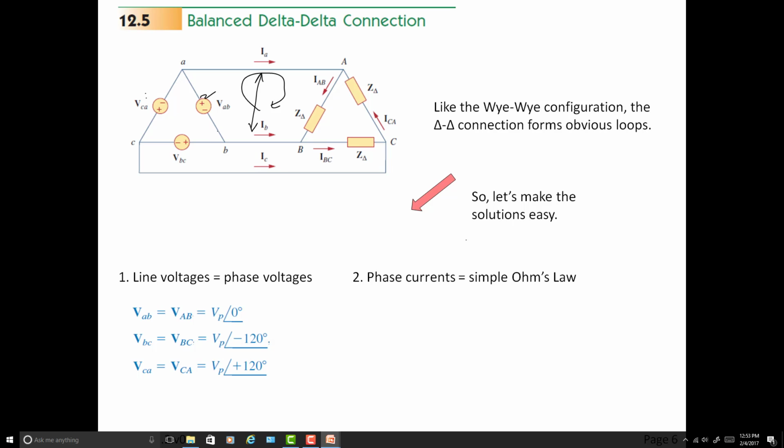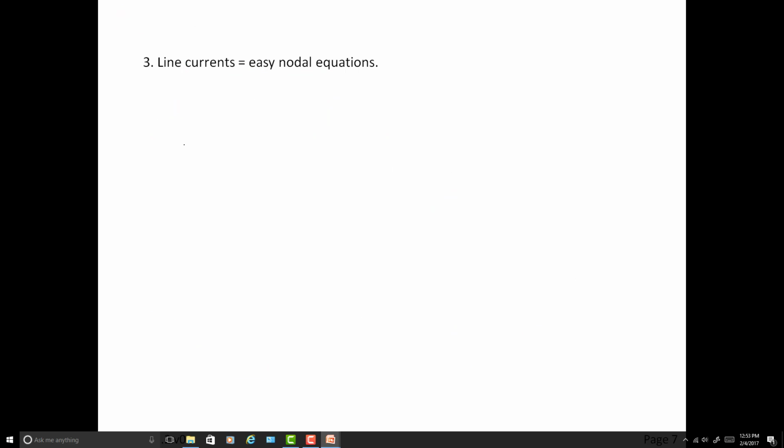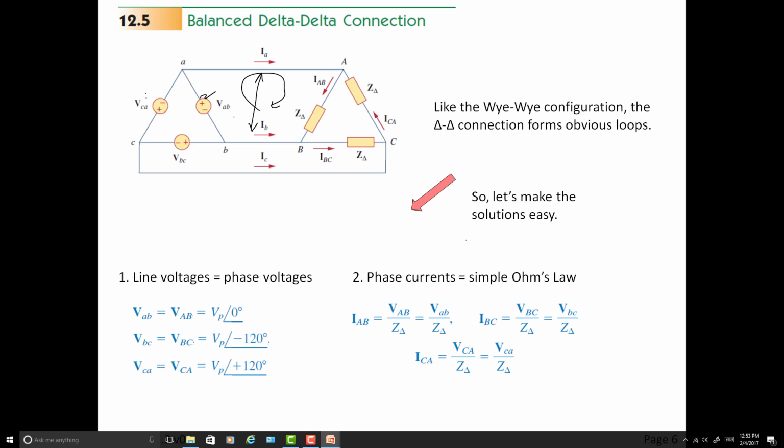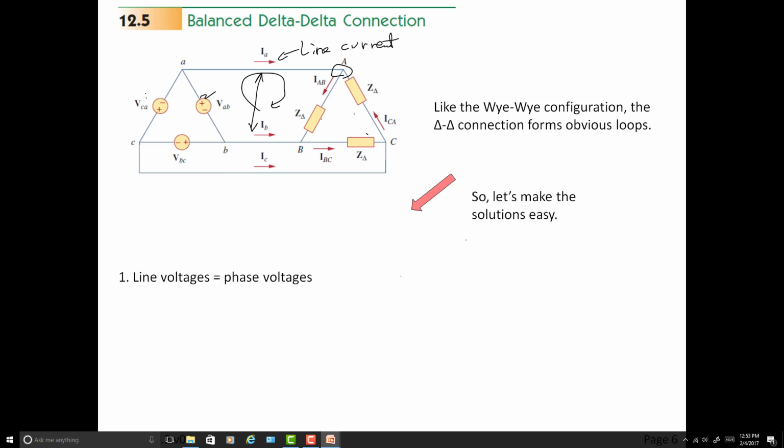The phase currents now are simple Ohm's law. The line voltage appears directly across the delta impedance, and so the three phase currents are quite easy to come by. So that's 3 of the 4. The line currents turn out to be easy nodal equations. What we're going for with line currents, this is the line current. We want that, and we come right over to this node.